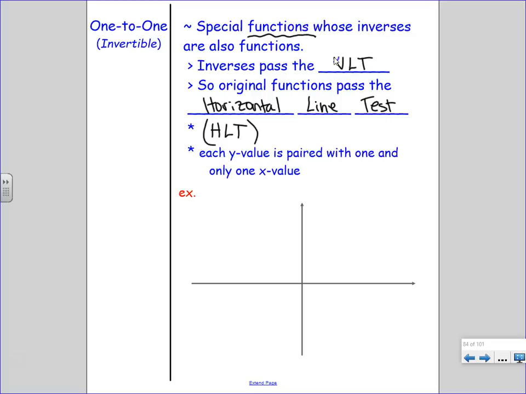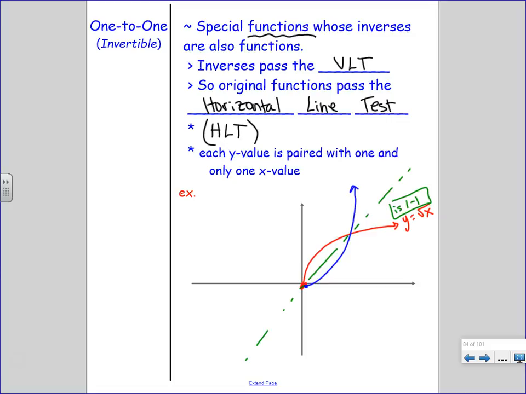We could do something like square root of X. If we were just to take square root of X, and if we were to reflect him, we can say he is one-to-one. He is invertible. Why? Because if we reflect him, I was doing reflections with blue, square root of x passes.